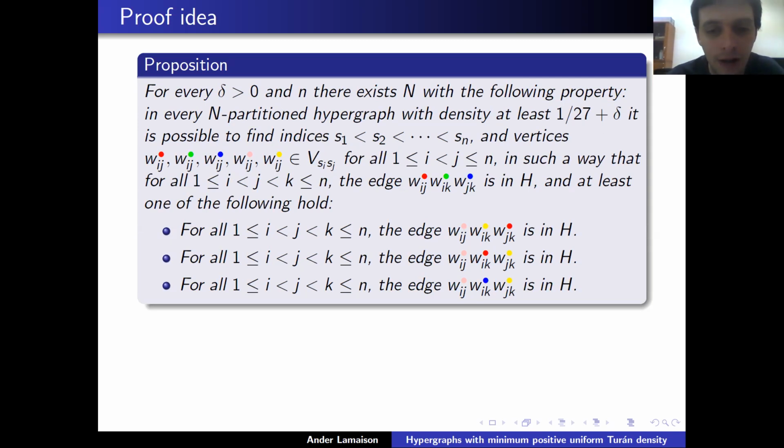And the property that we are going to require is that for every triple of vertices, we are always going to find an edge formed by the red vertex in the left pair, the green vertex in the top pair, and the blue vertex in the right pair, just as in the proof of Reiher, Rödl and Schacht.